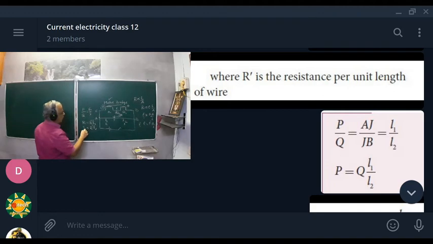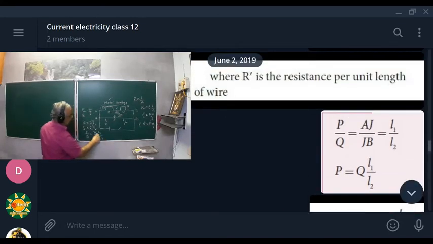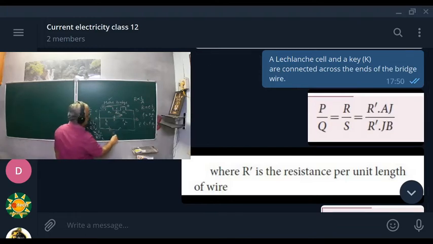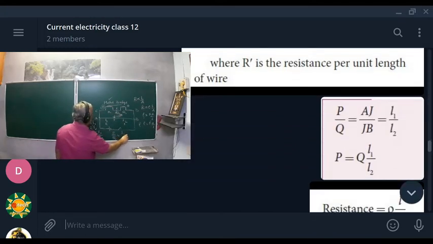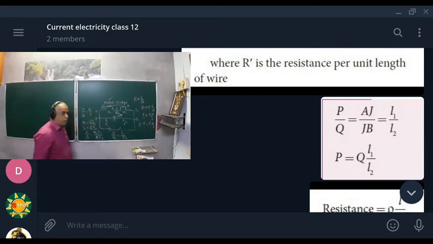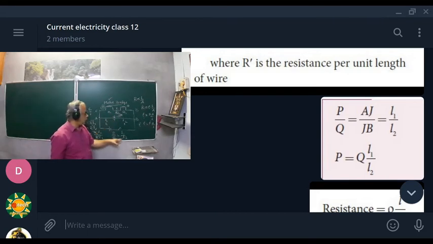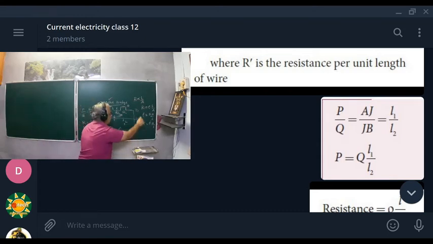So instead of R by S, you can introduce R dash L1 and R dash L2. Therefore P by Q is equal to R dash L1 divided by R dash L2. So R dash can be cancelled. Therefore, P by Q is equal to L1 by L2. So just by measuring the lengths AJ and L2, then knowing the given resistance Q, you can find out the resistance of the unknown resistor and also the resistivity.